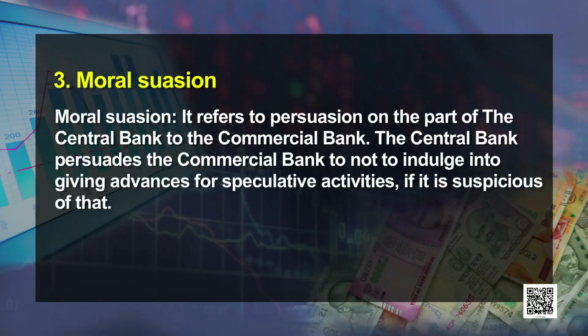The third qualitative tool, moral suasion. So moral suasion refers to persuasion on the part of the central bank to commercial banks. The central bank persuades the commercial banks to not indulge in giving advances for speculative activities if it is suspicious of that.